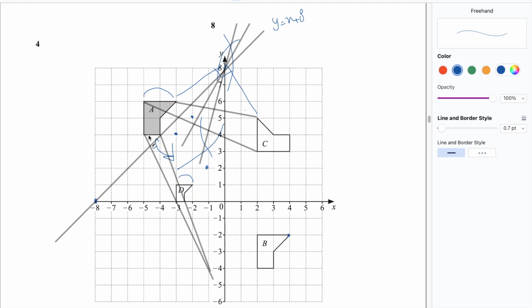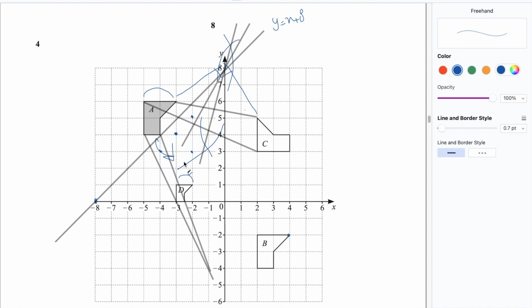Then one of them will be here. One point will be here, then one point here. One point will be at (-2, 3), (-4, 3).